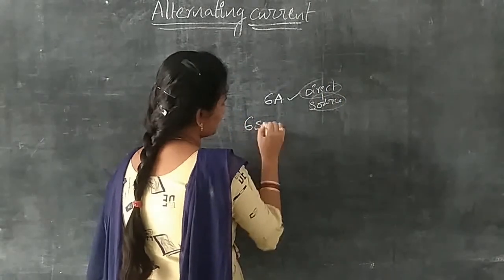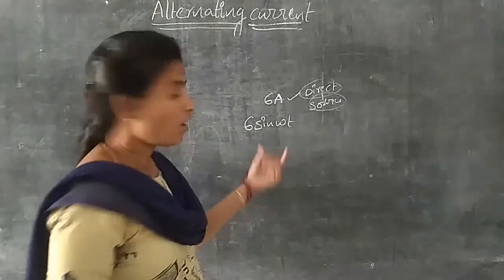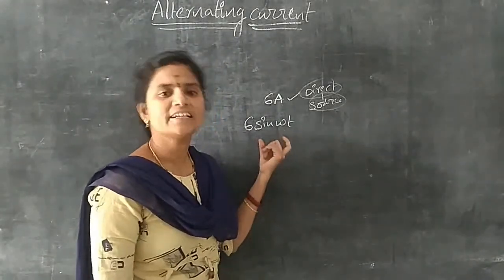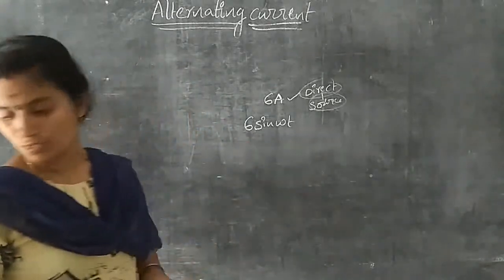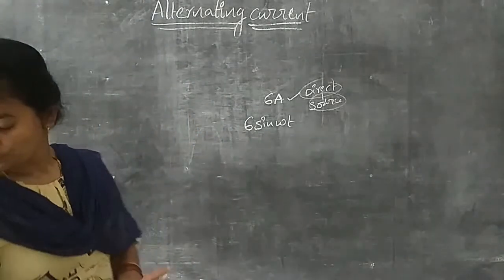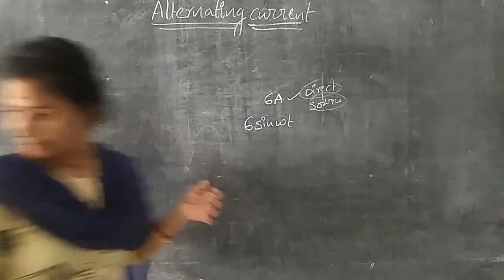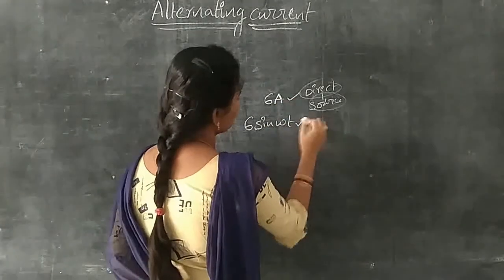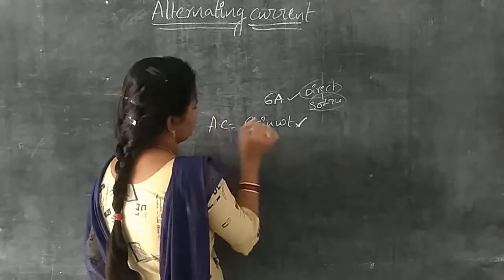So 6 sin omega t is nothing but alternating current. The source which gives us alternating current is known as an alternating source.